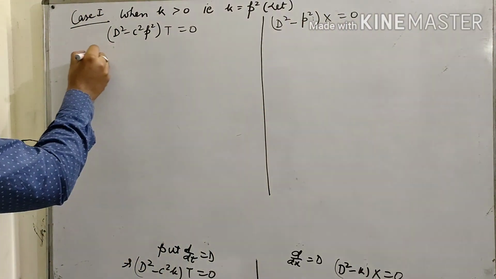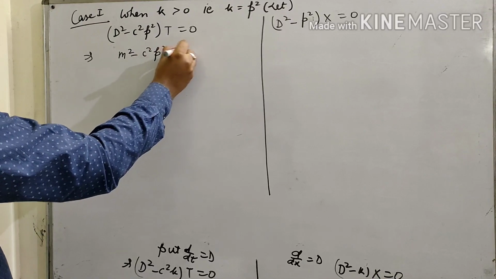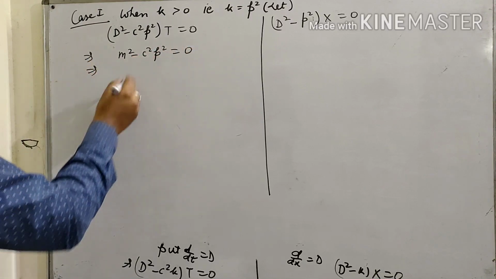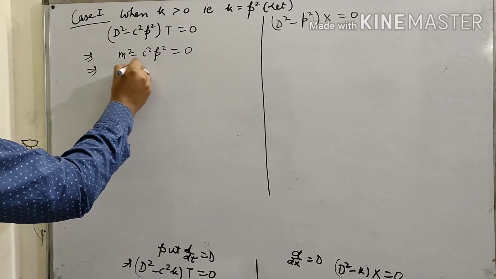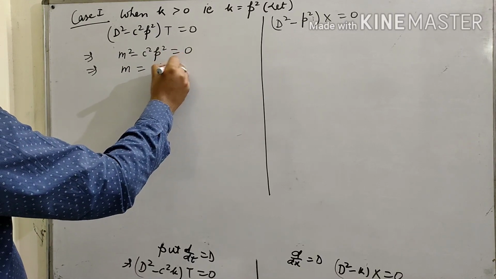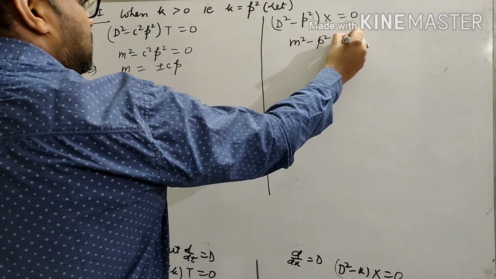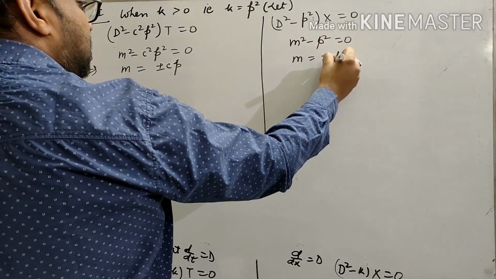For the auxiliary equation we replace D by m, then put the bracket of LHS equals 0, so we get m equals plus minus cp, and here m square minus p square is equal to 0. So m equals plus minus p.